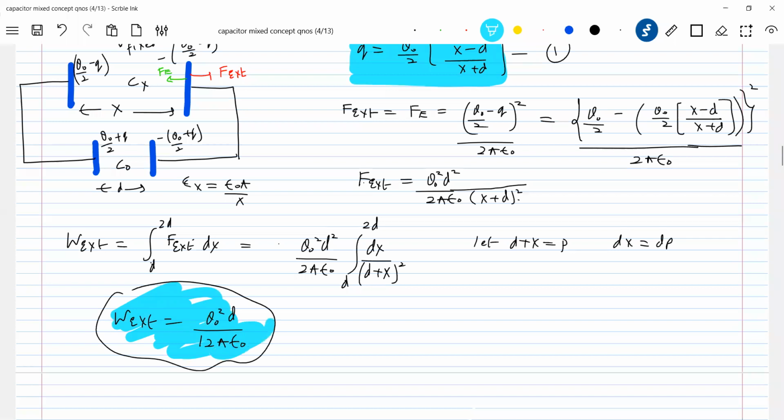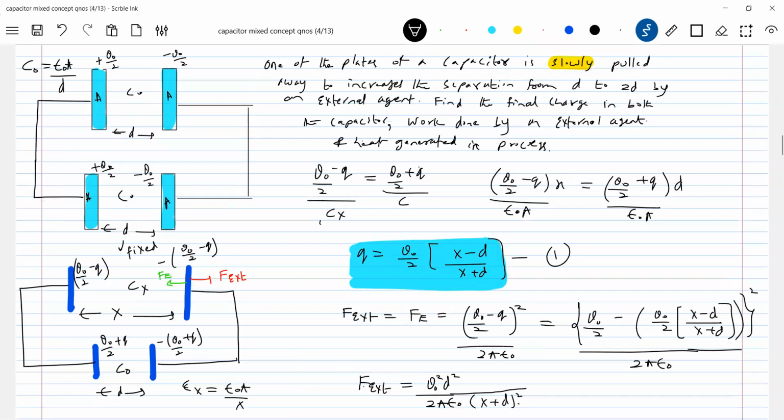Okay, now let's go for the heat generated. So here in this problem, there is no cell, no. So how to write the basic equation: Ui plus work done by cell equals Uf plus heat generated. I think the same set of equations we should carry on. Let's calculate the final charge, how much it will be.